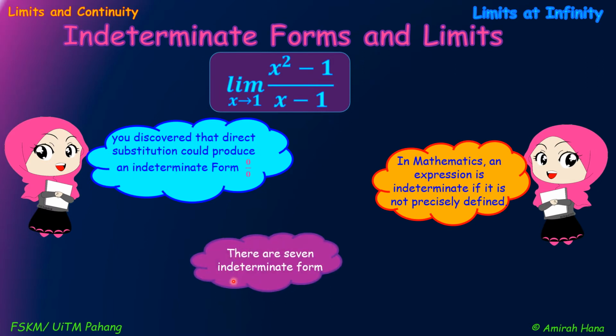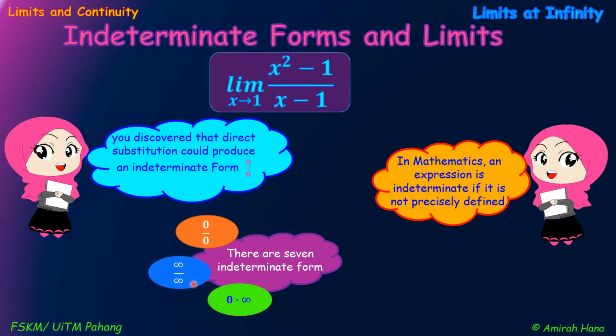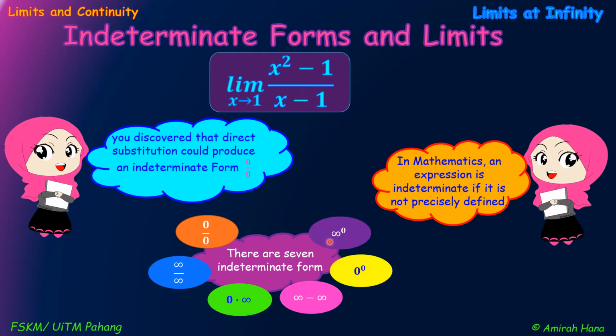There are 7 indeterminate forms: 0 over 0, infinity over infinity, 0 times infinity, infinity minus infinity, 0 to the power of 0, infinity to the power of 0, and 1 to the power of infinity.